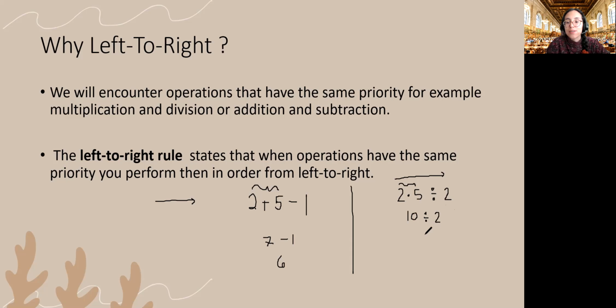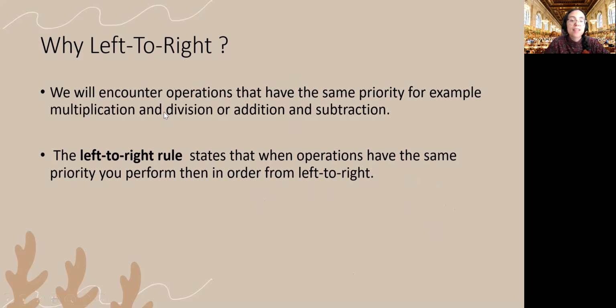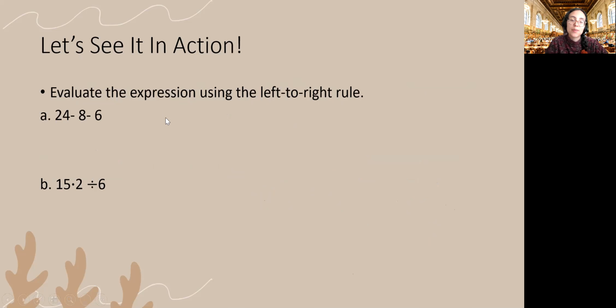And now we can do the division. So 10 divided by 2 is 5. So that's how we're going to work on it. I find that this rule is actually very natural, especially since we read from left to right, I think it's kind of intuitive, but it's important to know. Okay, so let's go ahead and go on to the next slide where we're going to have some examples.